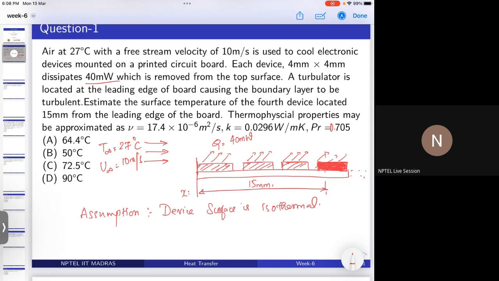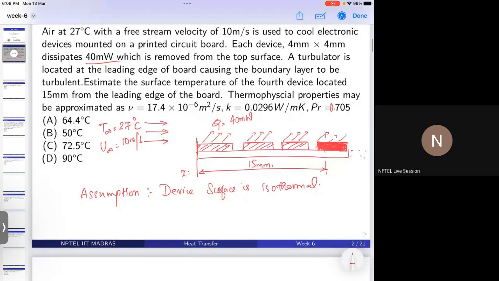We are asked to find Ts. So what quantity do we need to find in order to estimate this? We need to find the convection heat transfer coefficient first. For that we have to use the equation for turbulent flow.